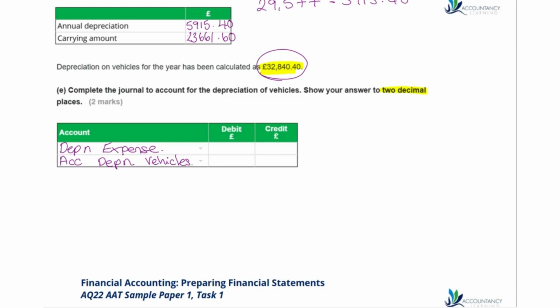So here's our amount that we need to put in. It's an expense to the business. So the debit will be the depreciation expense and the credit will be our accumulated depreciation account.